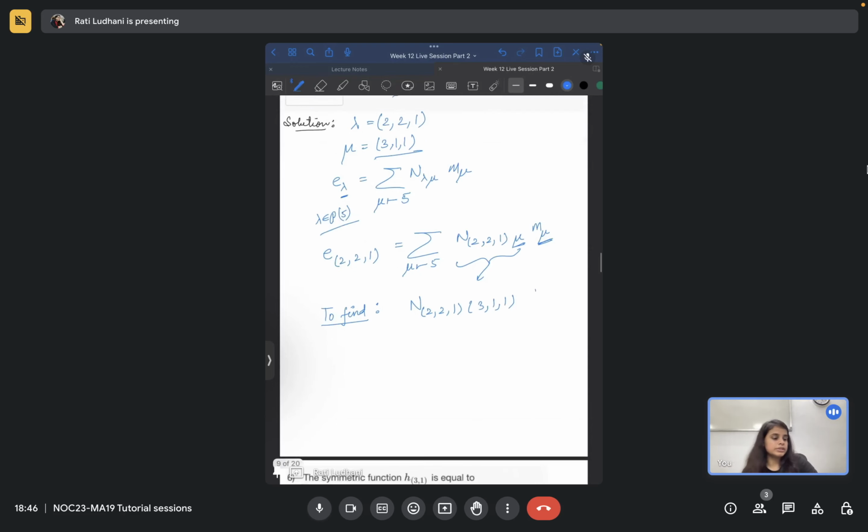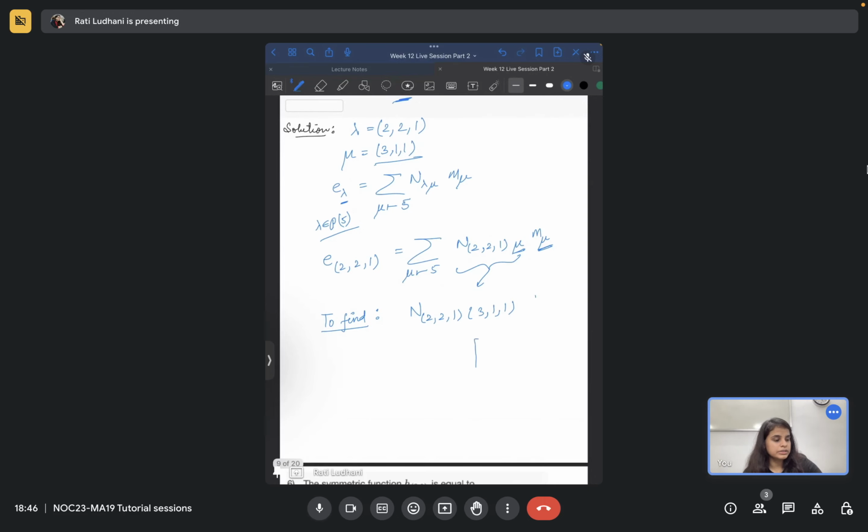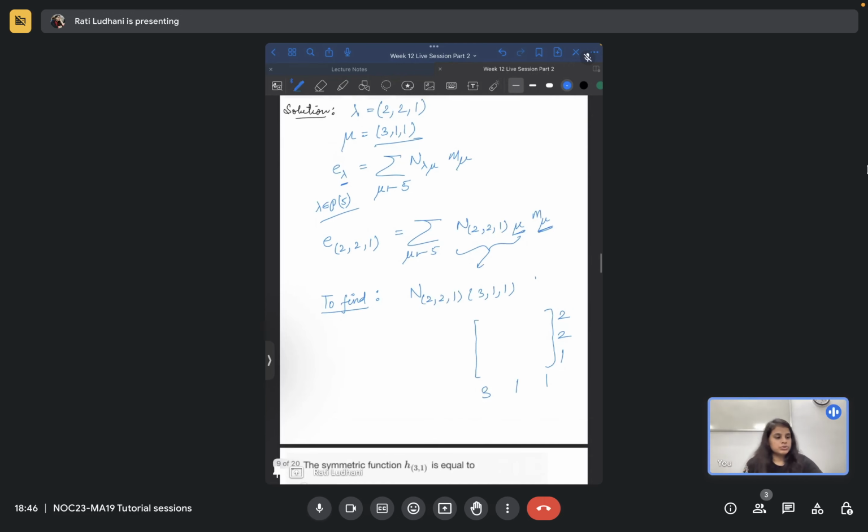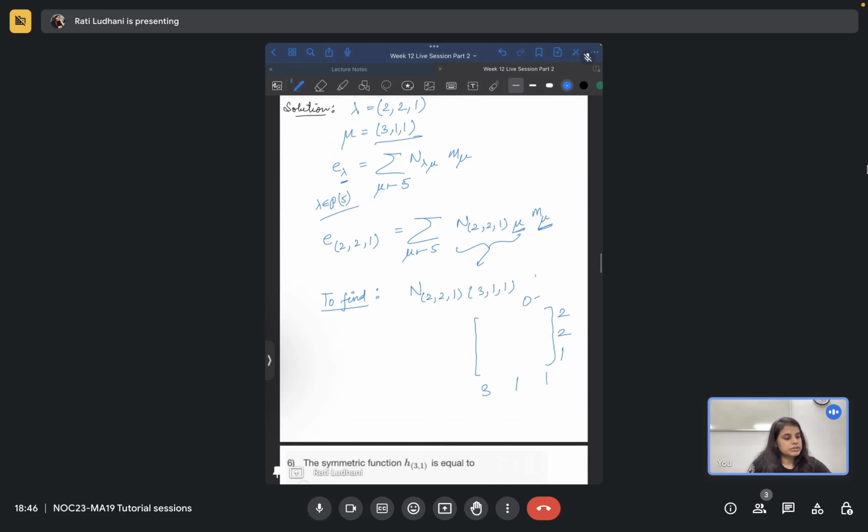And what is N? We know that these are the matrices with 0 1 entries, where the row sums are 2 2 1 and the column sums are 3 1 1. So that we need to find out with 0 1 entries.